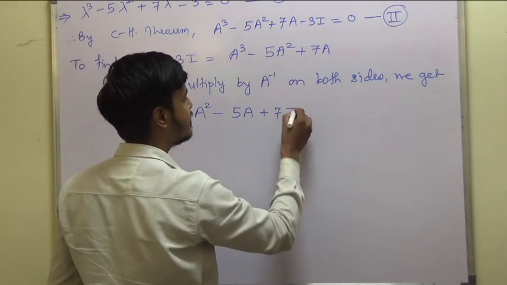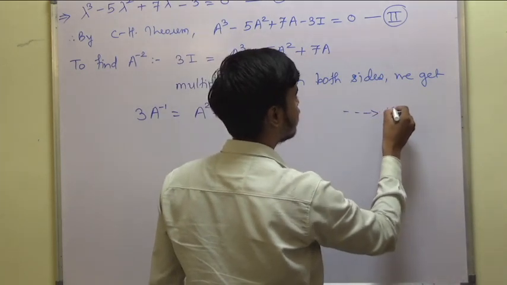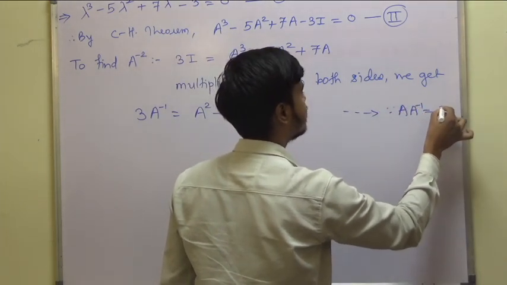A into A inverse is I. If you want, you can give the reason here: A into A inverse is equal to I.